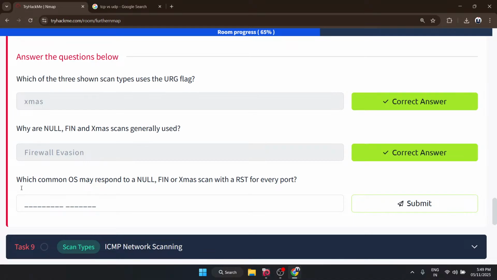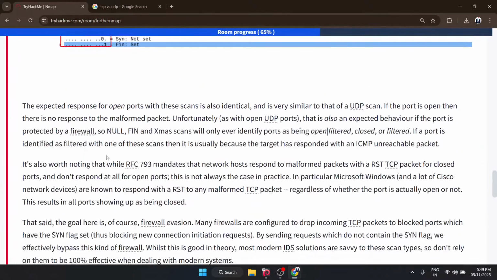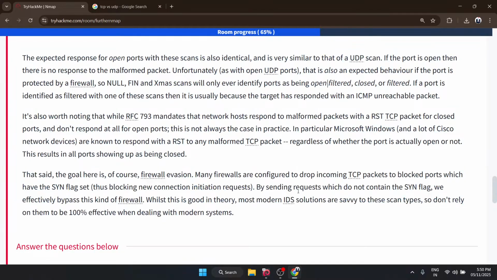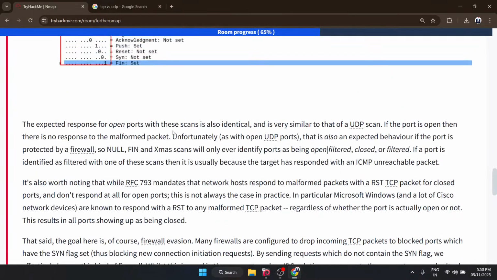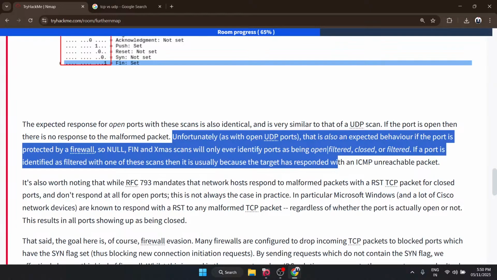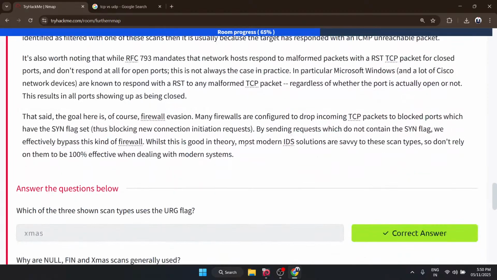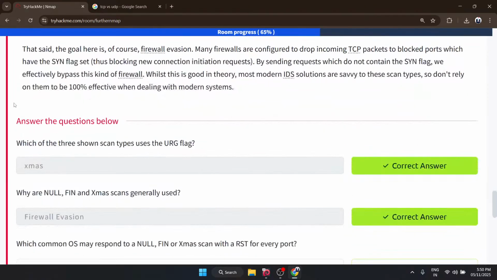No, Lucy. Stealthy, they are stealthy, but they are generally used for firewall evasion. Here you can read that in the last block quote, where you can see that is also expected behavior if the port is protected. Not this one, the last paragraph, just go through it again.